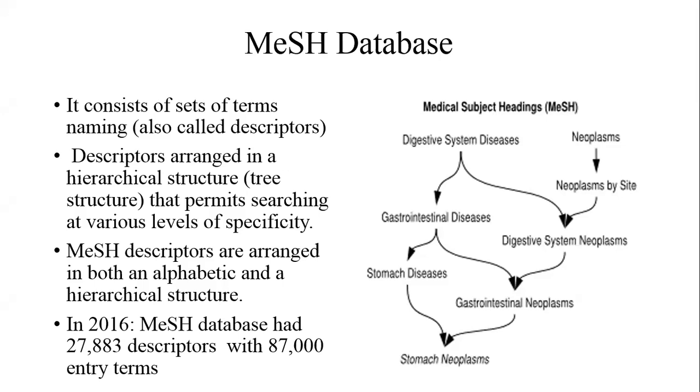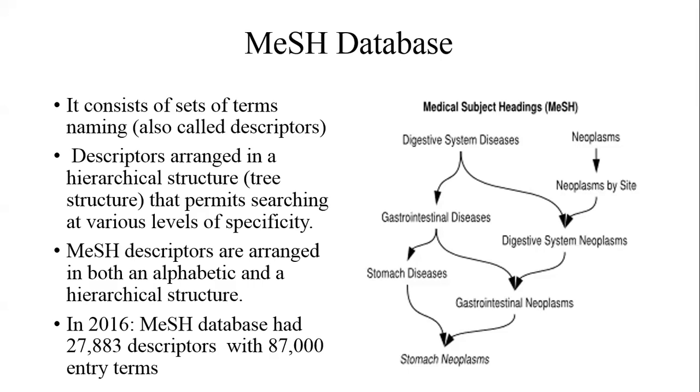Okay, in fact, you would be searching for medical terms, but the MeSH developers called those medical terms descriptors. Okay, and now these descriptors are arranged in a hierarchical structure or simply tree structure.